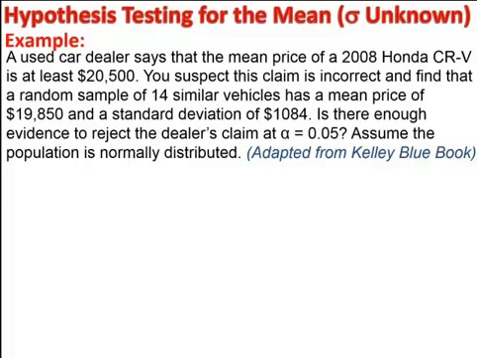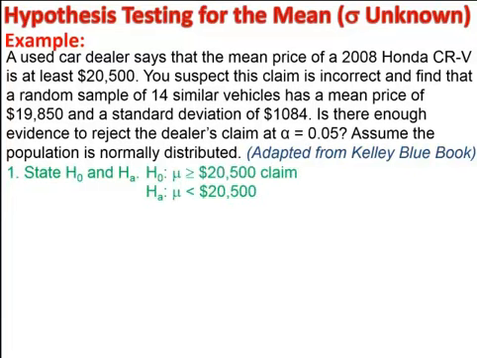So in this case, I want to start off by writing my hypothesis statement. And my hypothesis statement here, because we're basing our claim is at least 20,500, it is on the null hypothesis, the greater than or equal to, and then you would write the complement, which is less than, on the alternative.